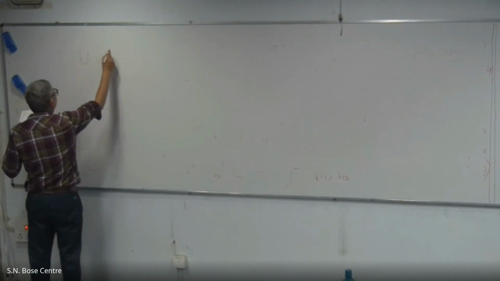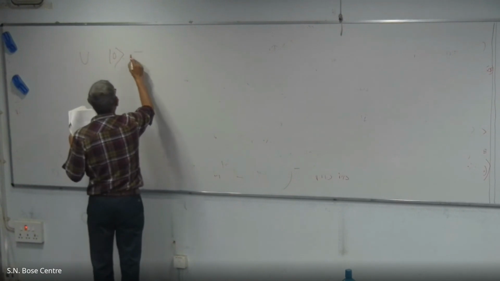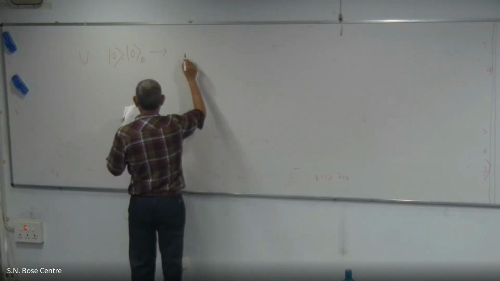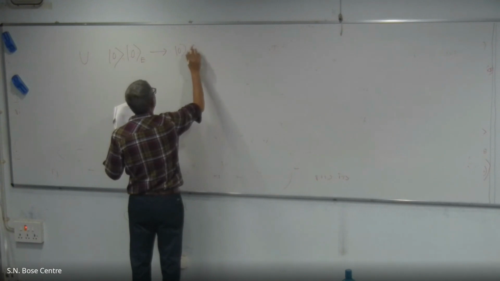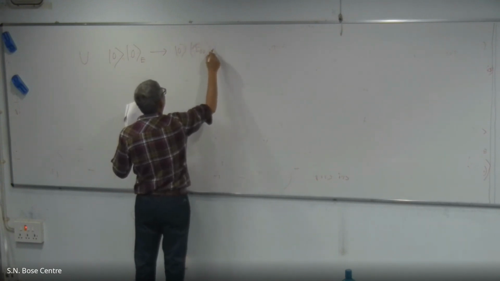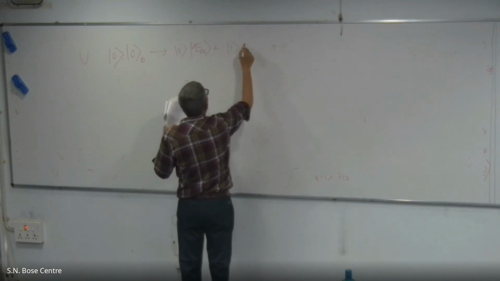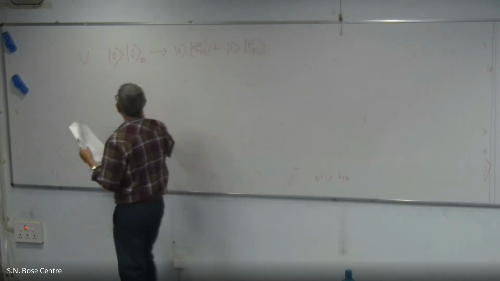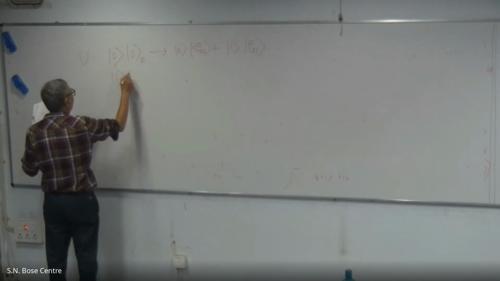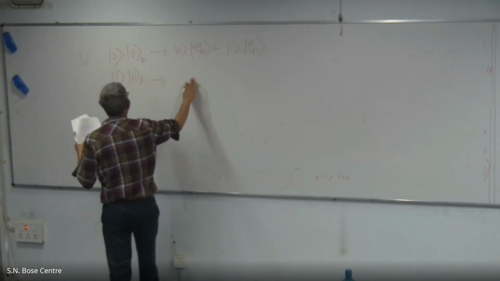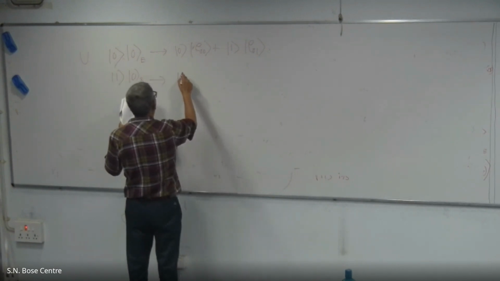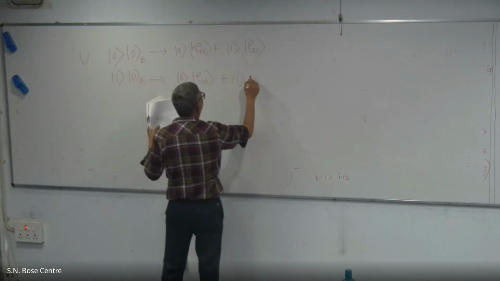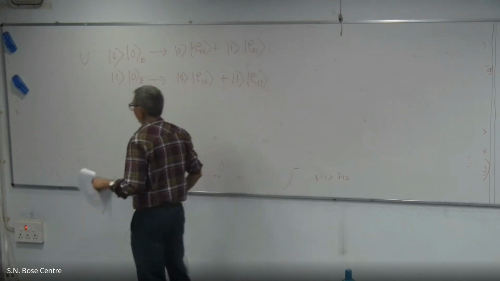Now, what is the most general operation? You consider a qubit, so 0 goes to some environment state with 0, plus another with 1, and in this way you can write.